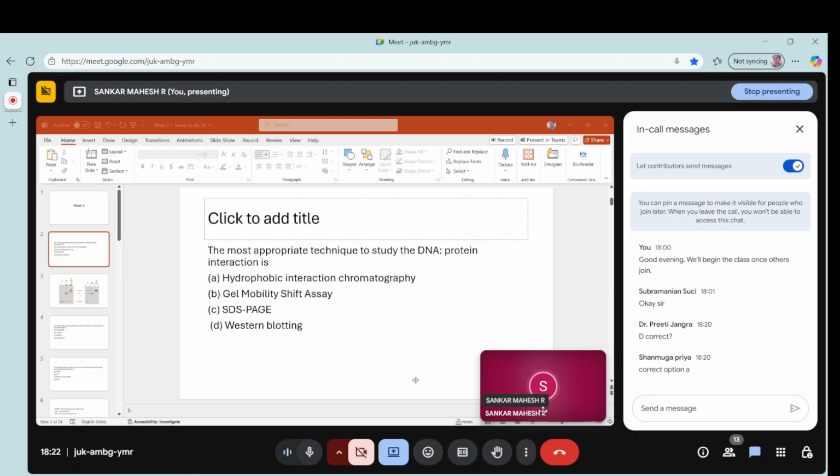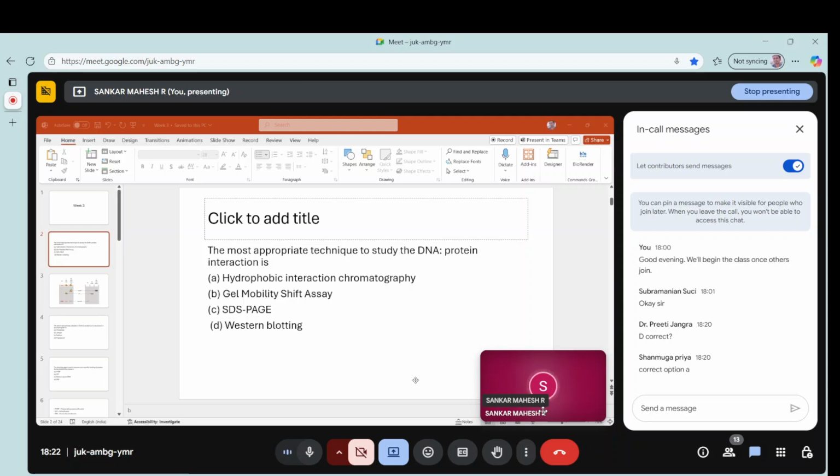So there you can't really study DNA protein interaction. There you can just confirm the presence of a particular protein.